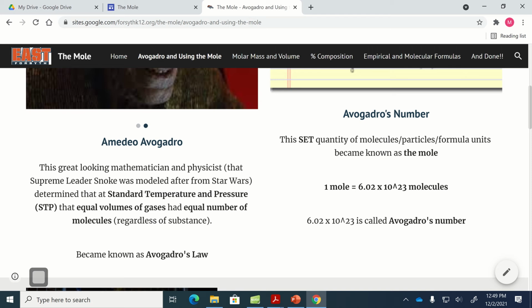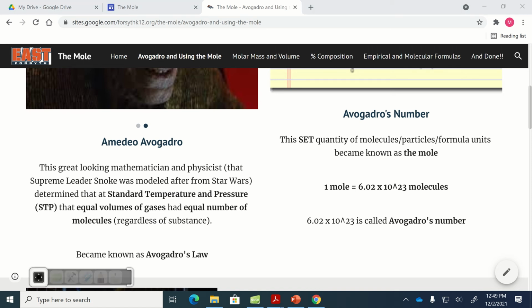The mole is 6.02 times 10 to the 23rd. We call that Avogadro's number. And again, in the end, it can represent anything, but from a chemistry standpoint, it's looking at molecules, particles, atoms, or formula units.